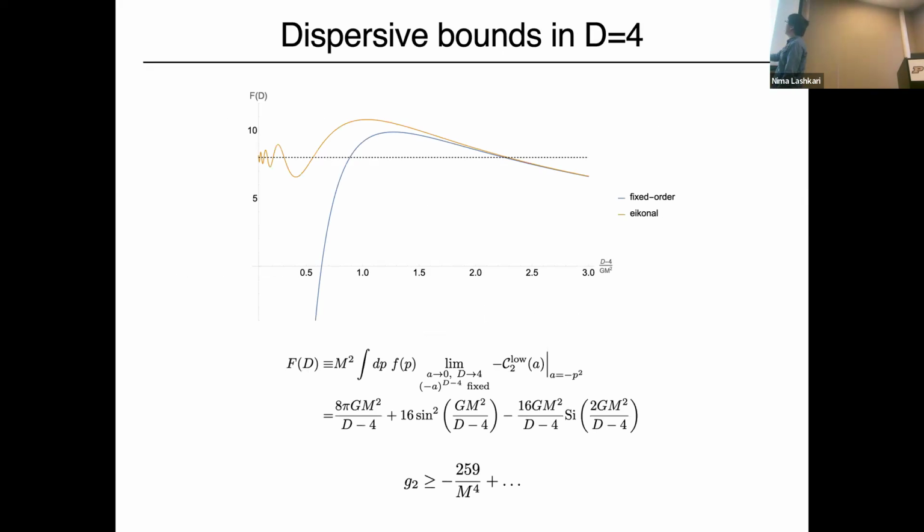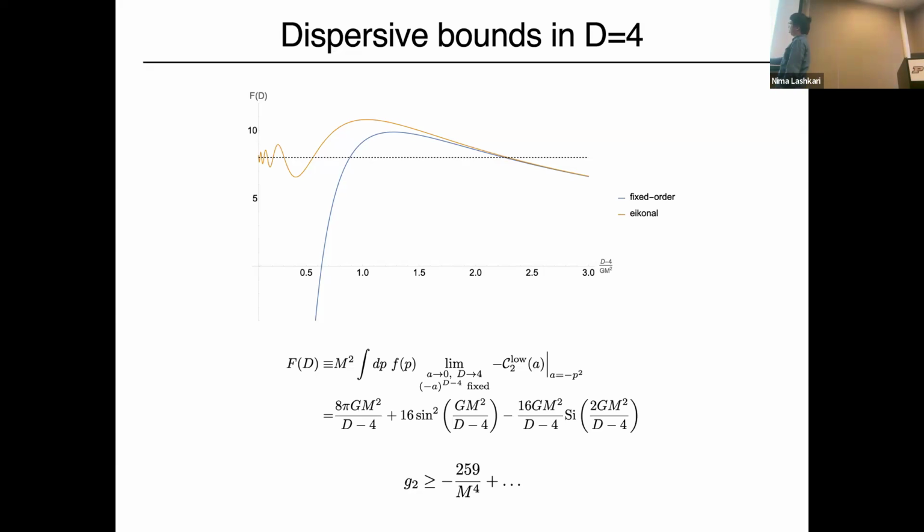The fixed order result and the result using the eikonal formula agree. But if you expand at d equals 4 first, so you take the IR cutoff to 0 first, then the fixed order result diverges. But it turns out that for the eikonal formula, you'll get something finite. So you seem to get a finite bound even at d equals 4.